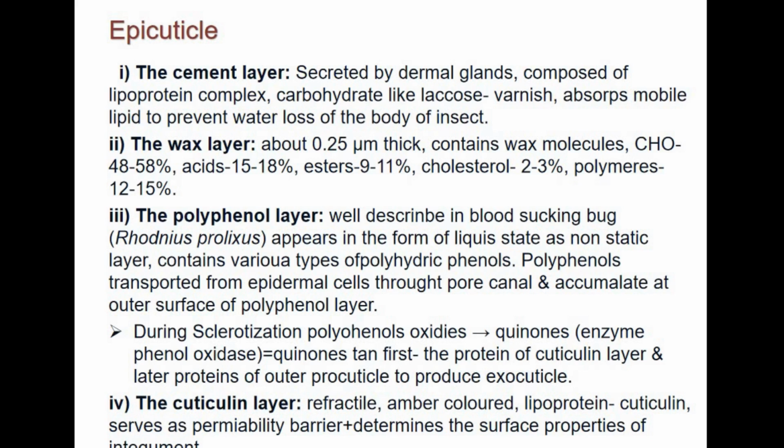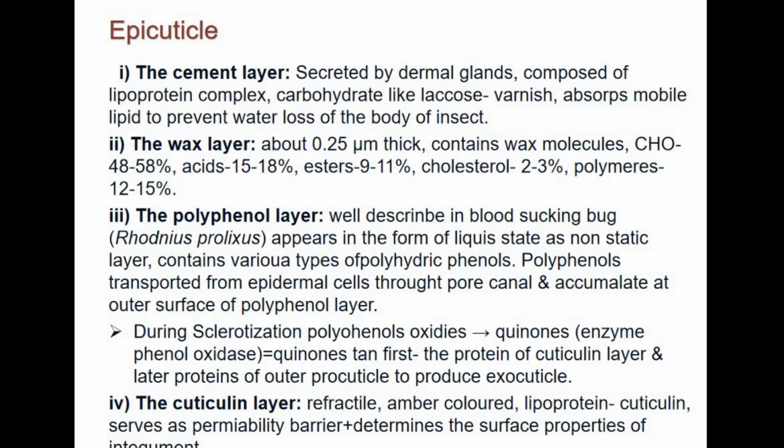Such a layer serves as a waterproof layer of the integument, as water molecules cannot pass through closely packed wax molecules. So this very important wax layer prevents the water loss of the insect body, or what we say, the integument. Now the wax layer is followed by the third layer, that is the polyphenol layer.